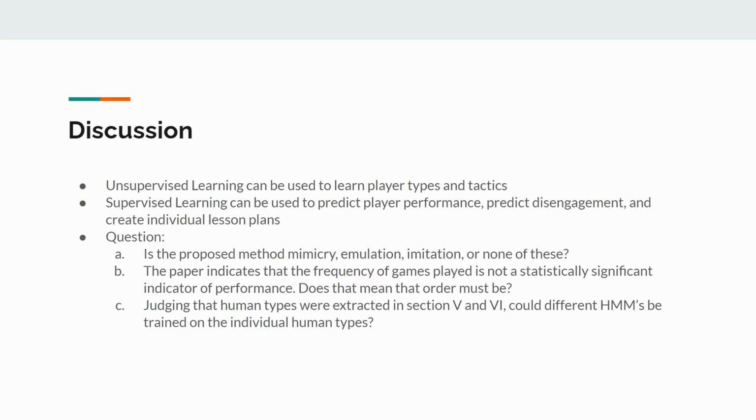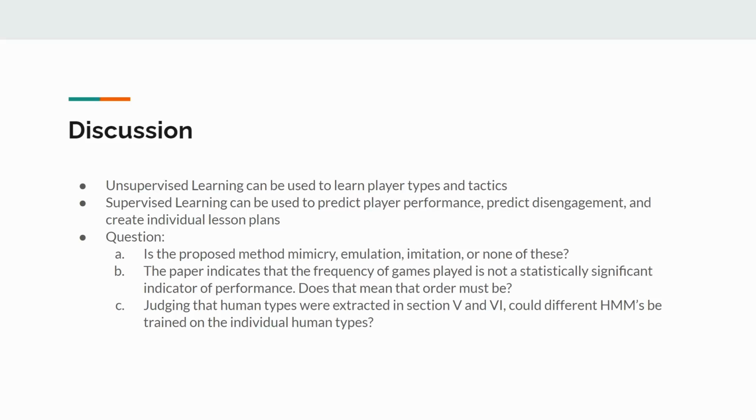Moving on to questions. First of all, is the proposed method mimicry, emulation, imitation, or none of these? So I'd personally make the argument that this is mimicry because there's no real reasoning about the goal.